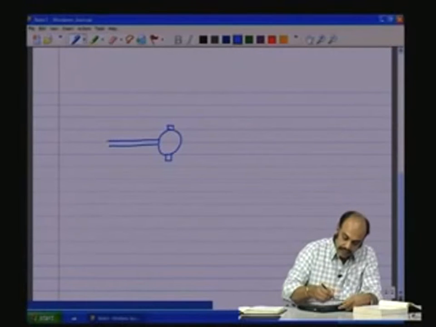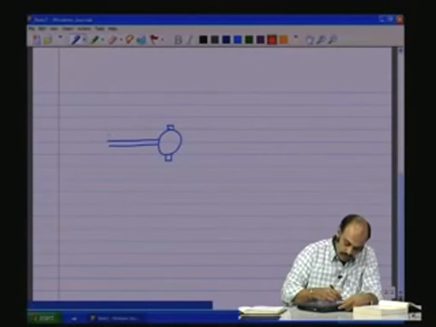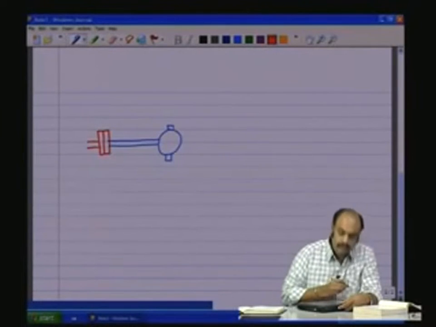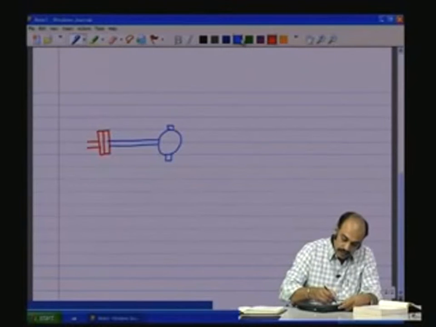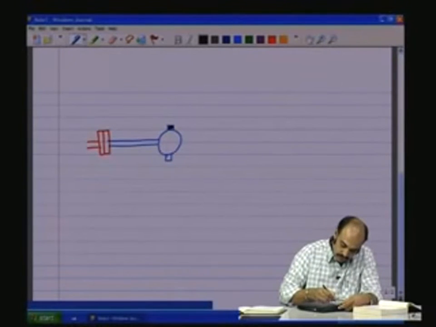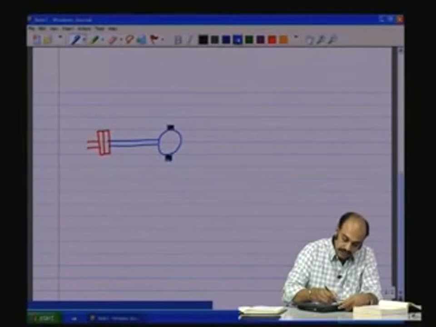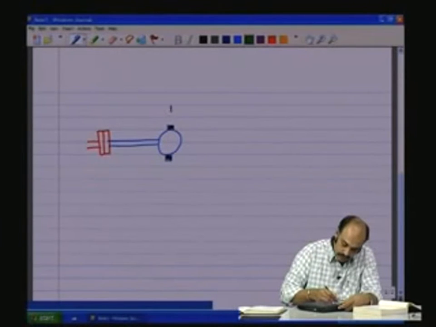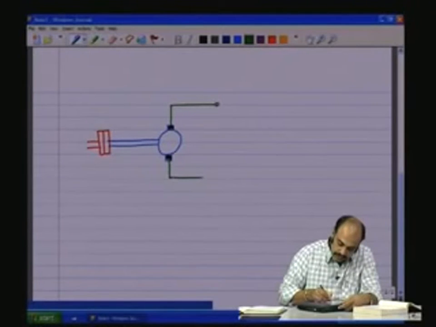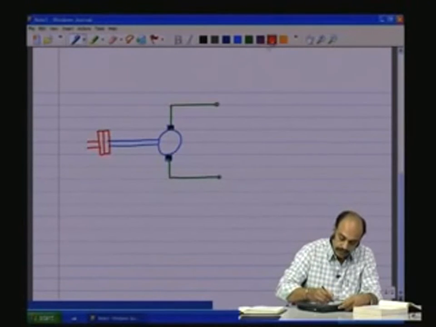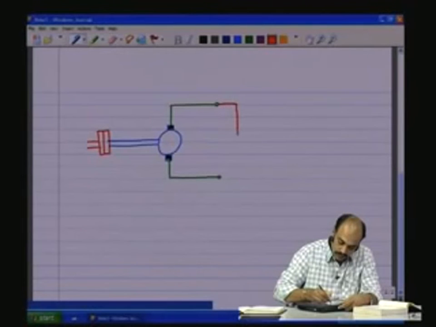Now, this shaft is connected to a prime mover, and from the brushes, the machine is connected to an external circuit which contains the electrical load.